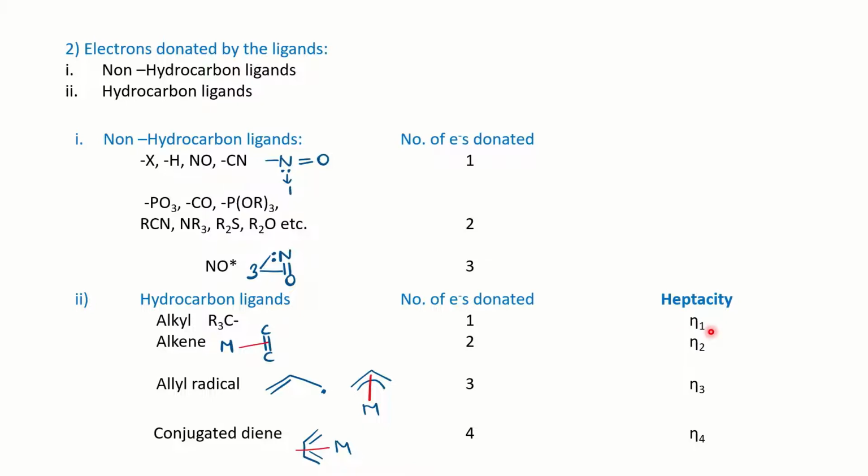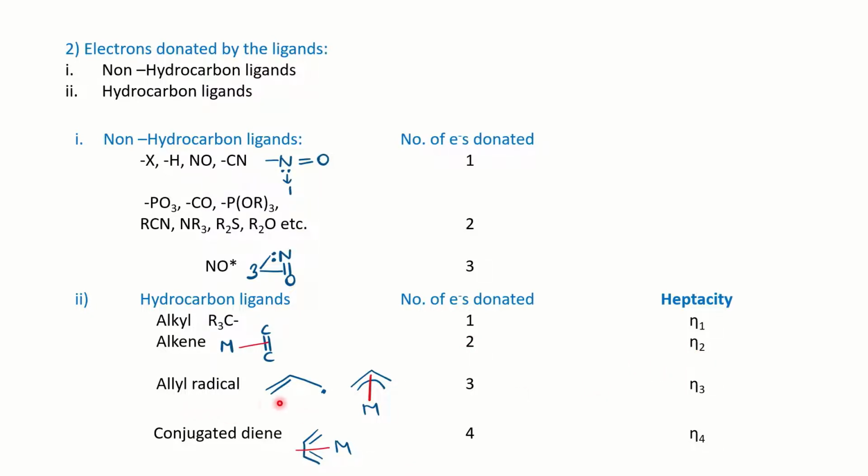The hapticity will be indicated by eta 1. Now alkene: you have an alkene pi bond here, and you can notice the metal is bonded to the center, which means 2 pi electrons are donated to the metal, so 2 electrons are donated. Its respective hapticity is eta 2.